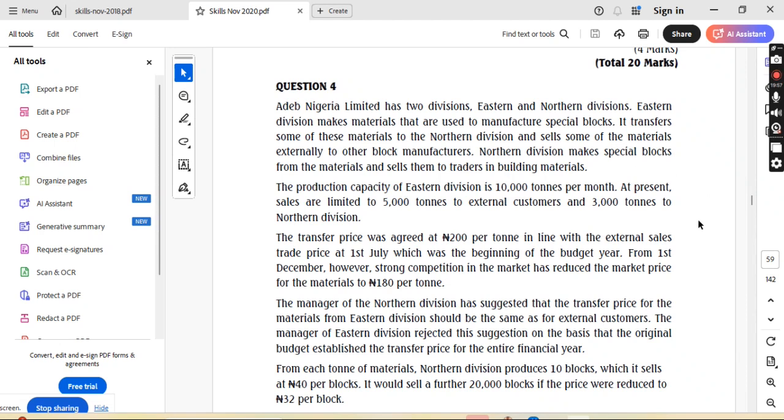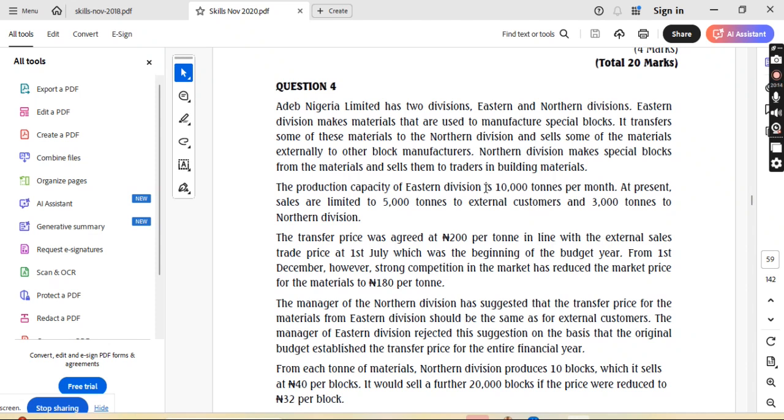The production capacity of Eastern, who is Eastern? Eastern division is the selling division, right? Which is 10,000 tons per month.